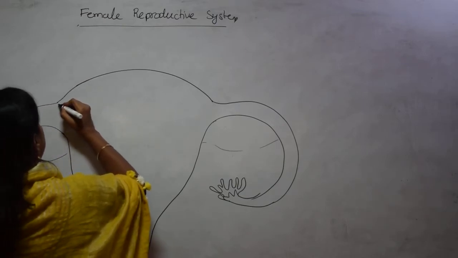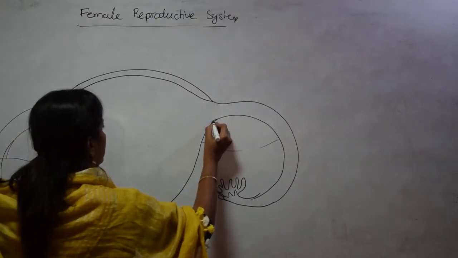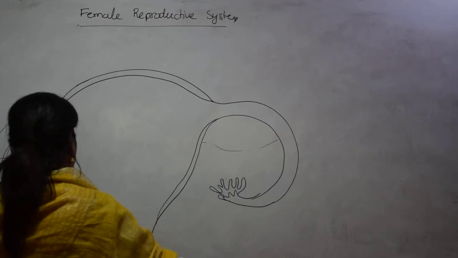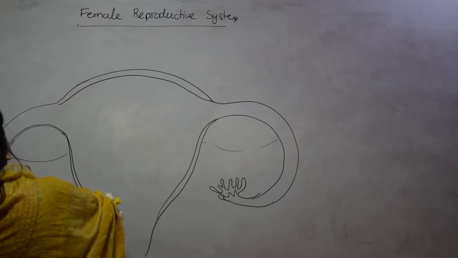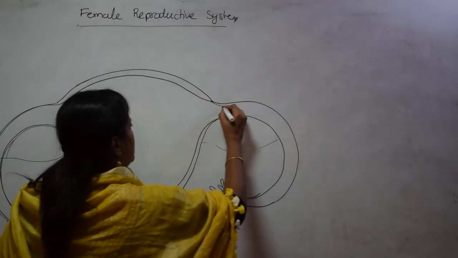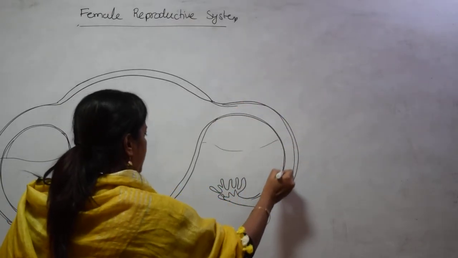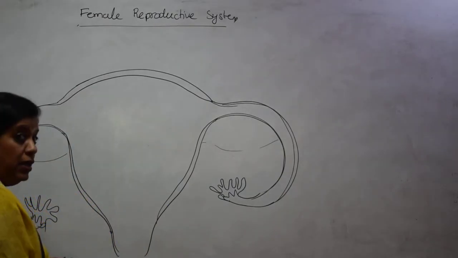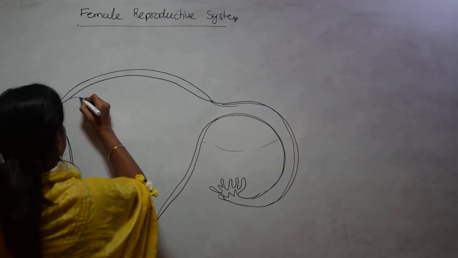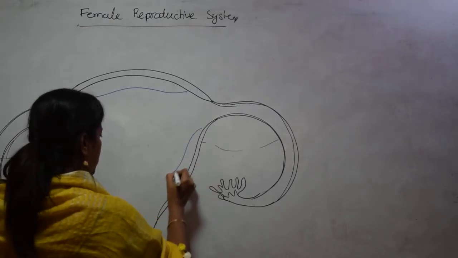This uterus is lined by certain membranes. The outermost membrane we call the perimetrium. You keep drawing like this and practice this. Then comes a highly muscular structure, which we call the myometrium.